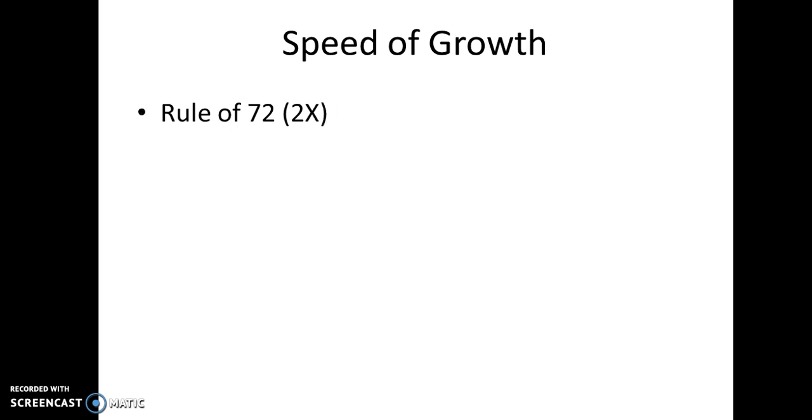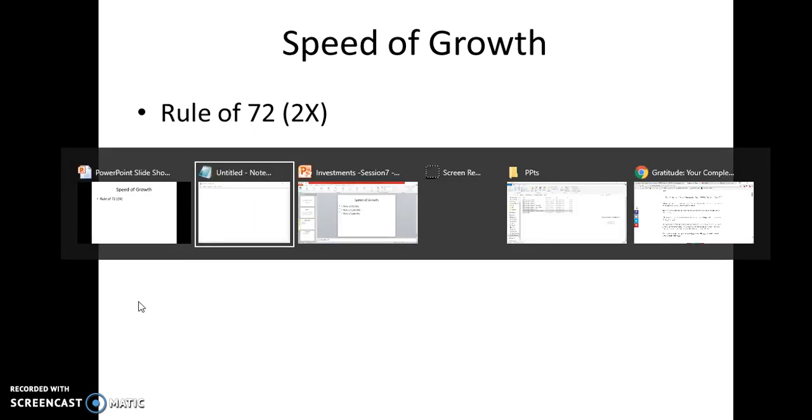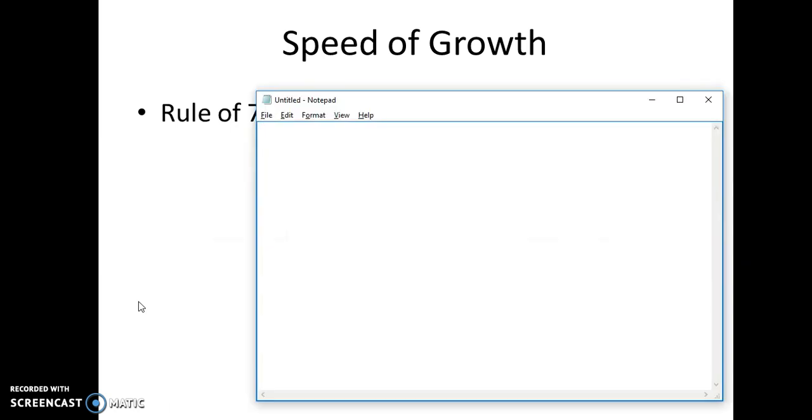The rule of 72 says that in any investment, if you divide the number 72 by the rate of return, you will get the number of years required to double your amount. For example, you are investing 10,000 rupees at an interest rate of 8% annually. 72 divided by 8 is 9.